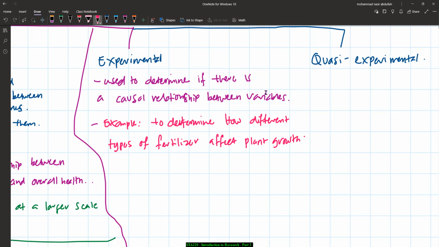Right? To determine how different types of fertilizer affect plant growth, right?